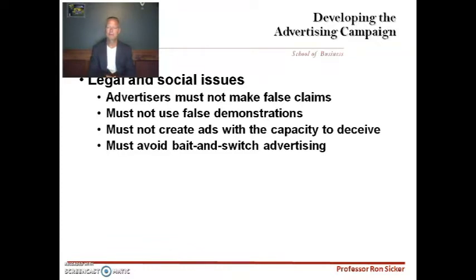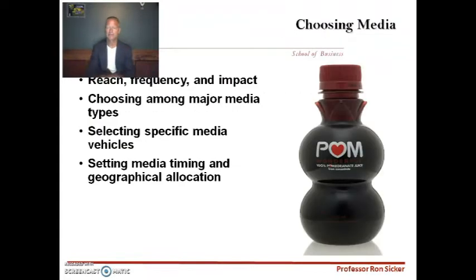We've talked about some of those banned ads that were supposed to be Super Bowl ads that were banned because they really pushed the envelope. So there's false claims, there's hyperboles, you can't have false demonstrations. There's things that you can do when you're advertising to children, and things that you can't do when you're advertising to children, and all those types of things.